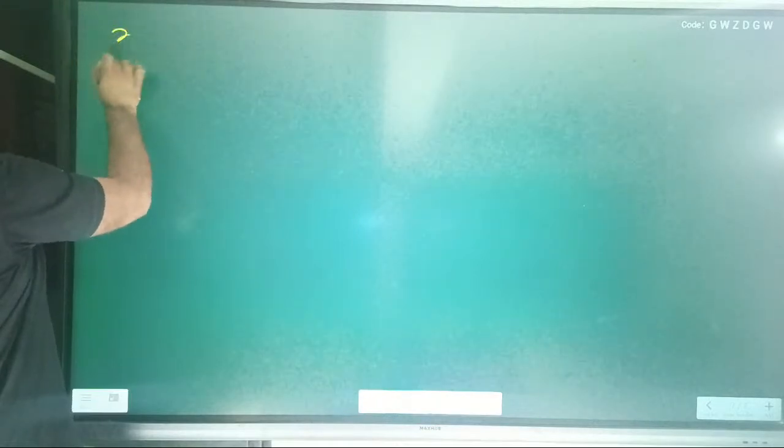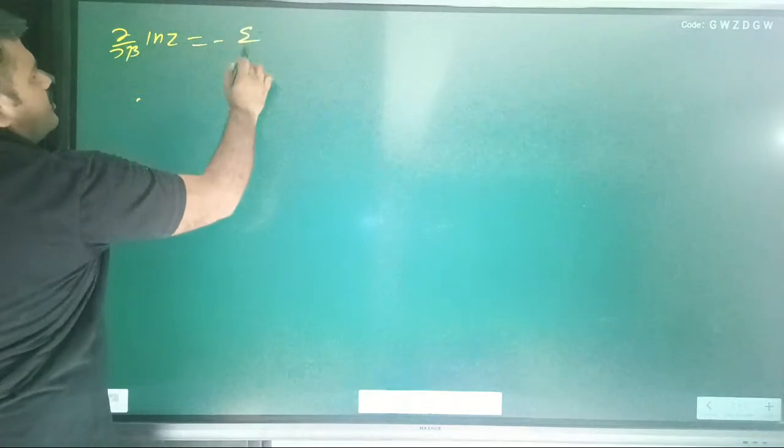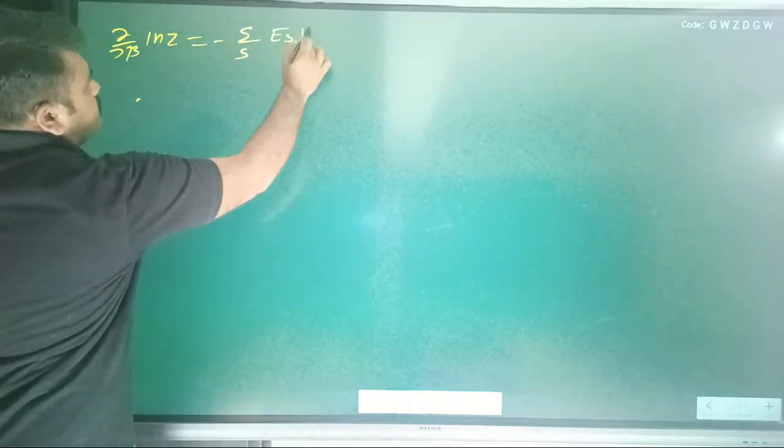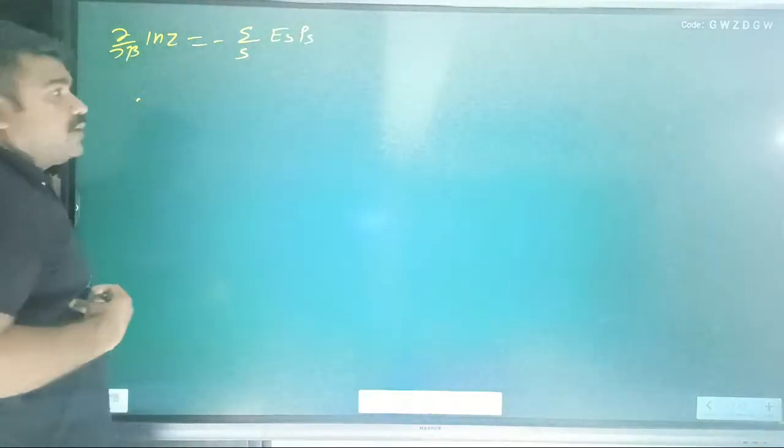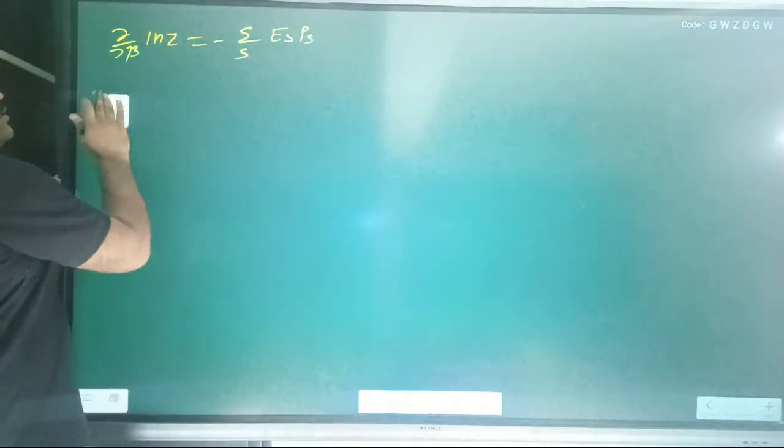Means we get ∂/∂β of ln z is equal to minus summation of es ps.